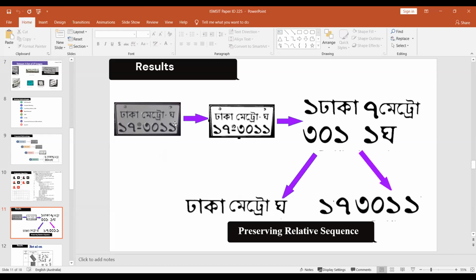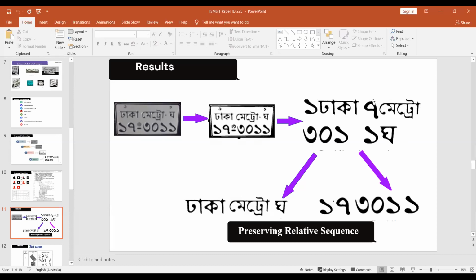This is a result on a good image, with no rotation, no tilting, those kinds of things. The first one is the original image. This is the binary version of the image. And after segmentation, we find these are the characters. If you notice, the top part, which are the characters, are there. This part, the metropolitan, and then the last one, and then the numbers are also there.